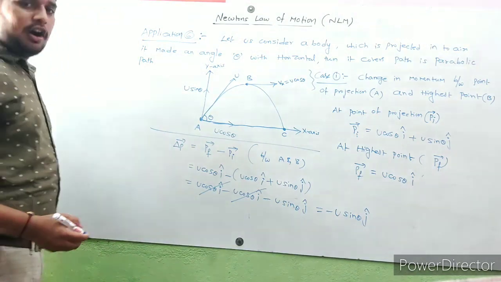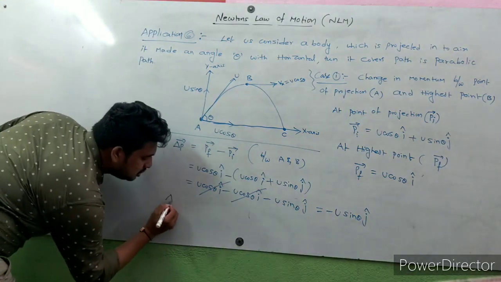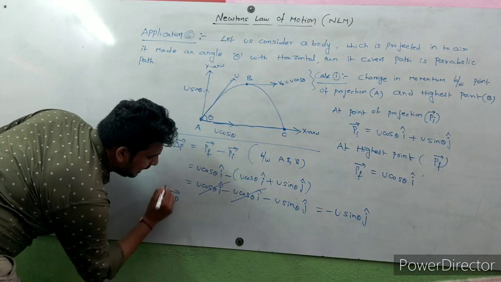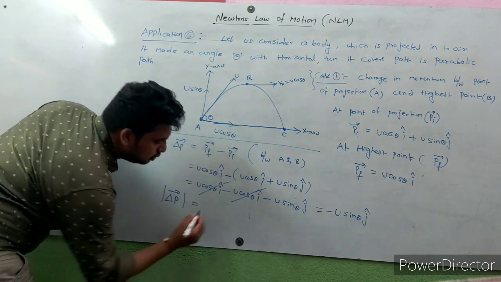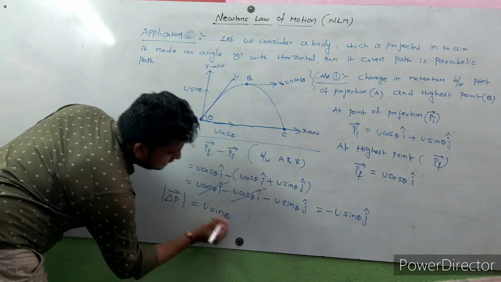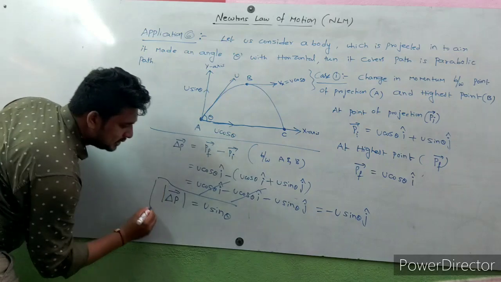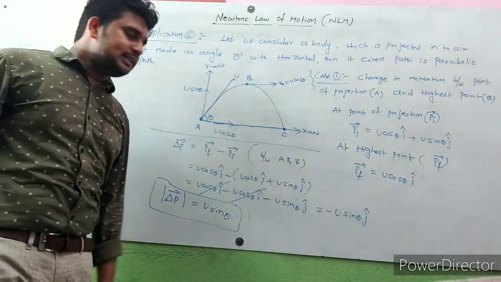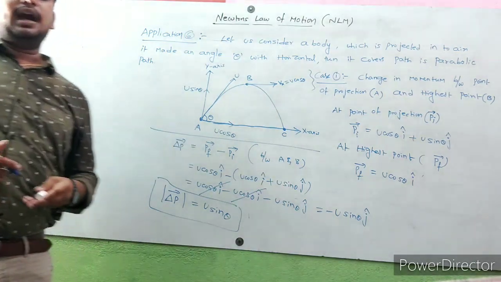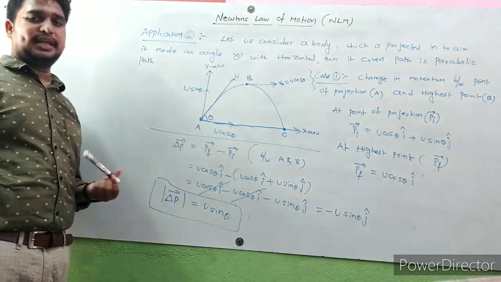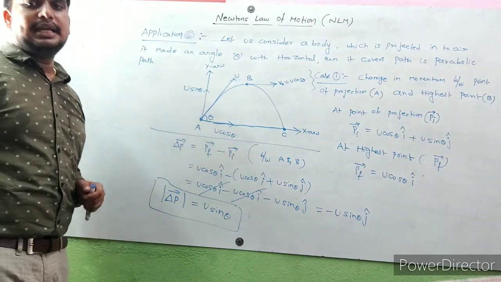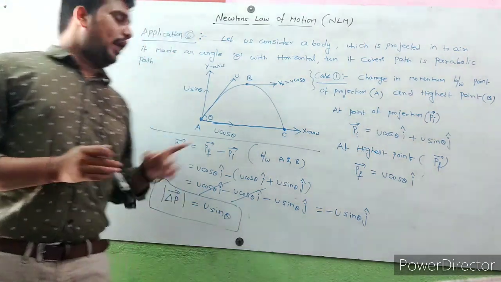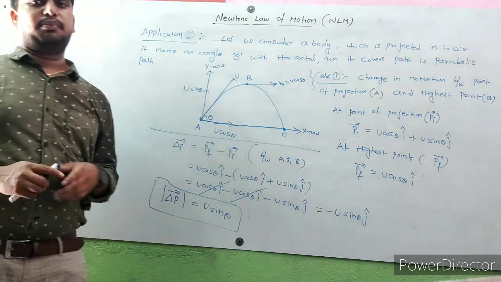The magnitude of the change in momentum is u sin theta, and in vector form, minus u sin theta j cap.